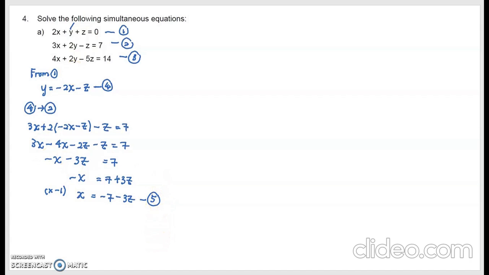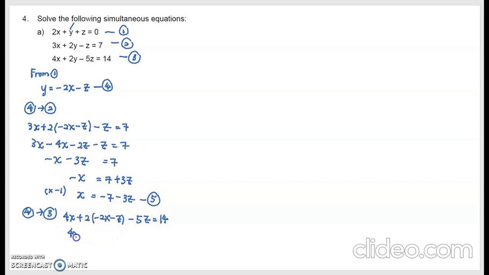Next, I will substitute equation 4 into equation 3. So from equation 3, 4x plus 2y, y is negative 2x minus z, minus 5z is equals to 14.